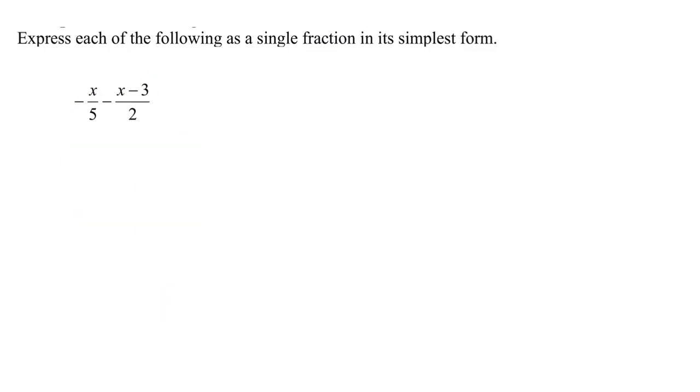Hello everyone, welcome to this part of the problem where we are required to express as a single fraction in its simplest form. So in all fractions, including algebraic fractions, when we add or subtract fractions, we do need to make sure that the denominator is the same.